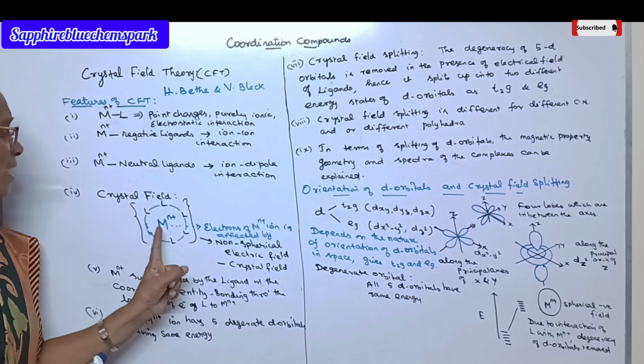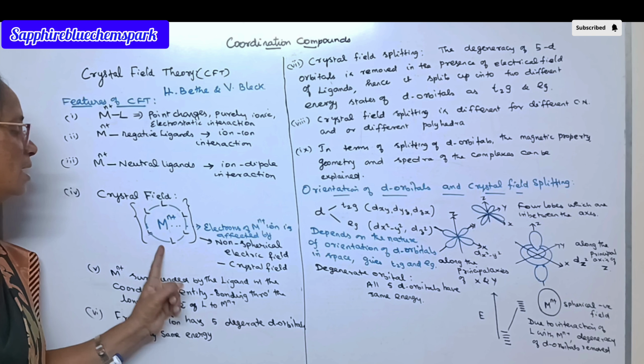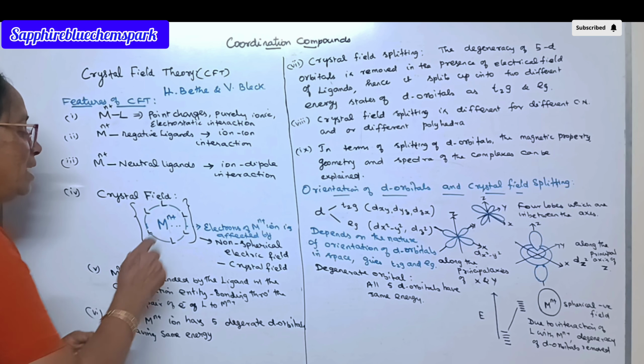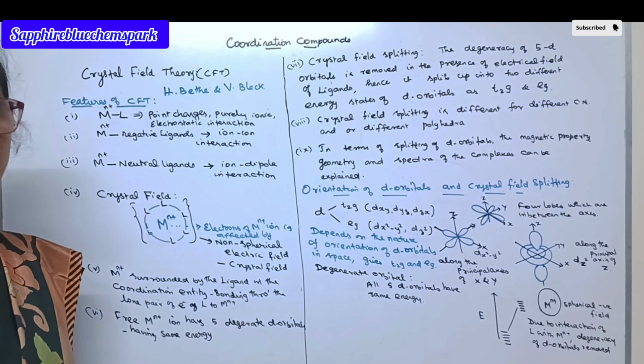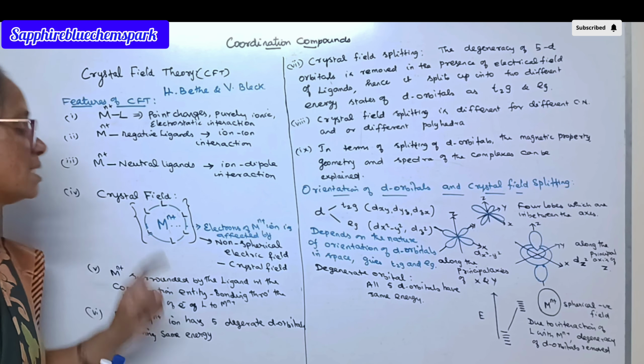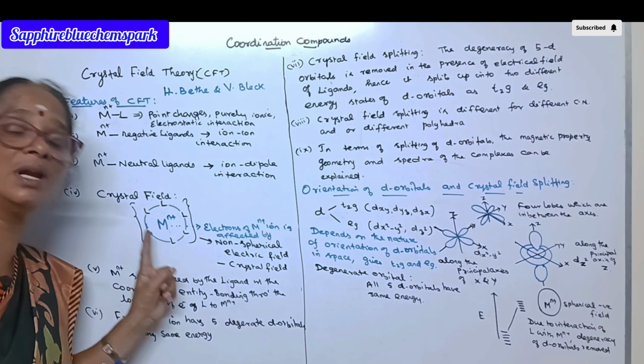So this is the metal ion, surrounded by the ligands. I have taken 6 ligands about the metal ion. This metal ion has its electrons in the d orbitals. Those d orbital electrons get influenced by the electrons of the ligands.